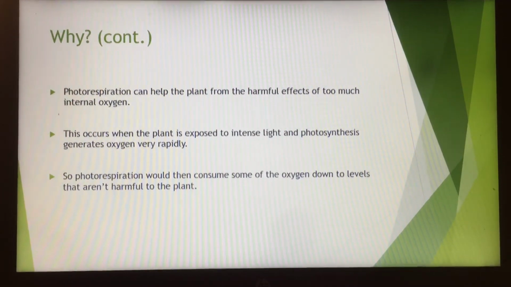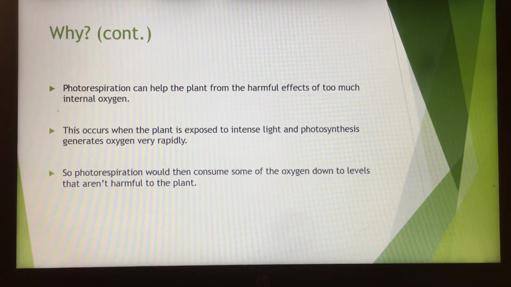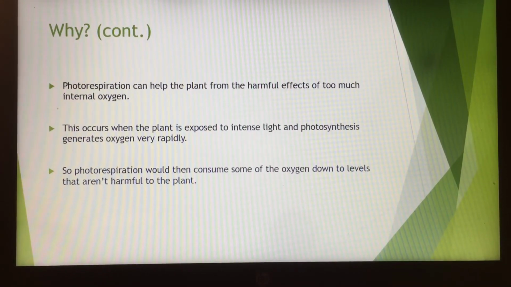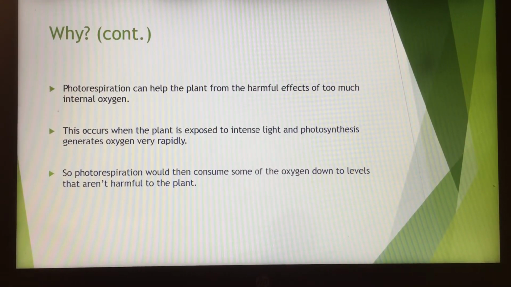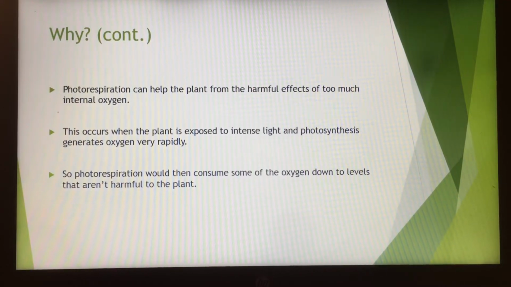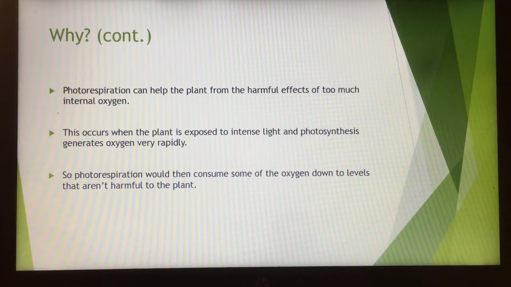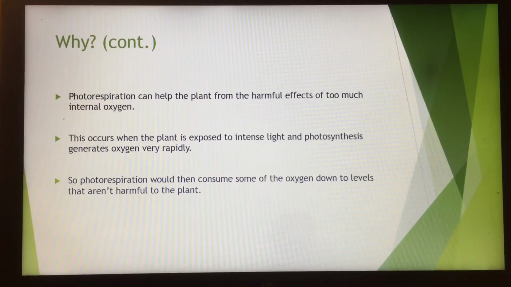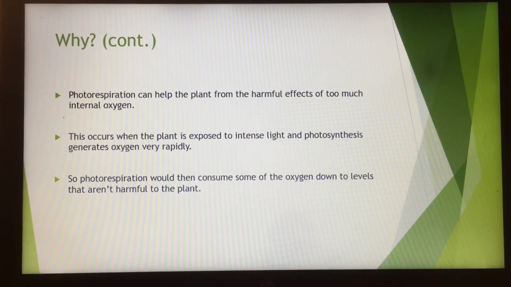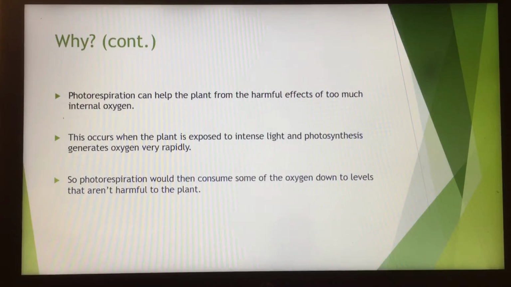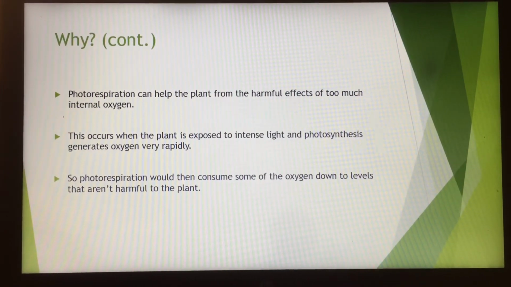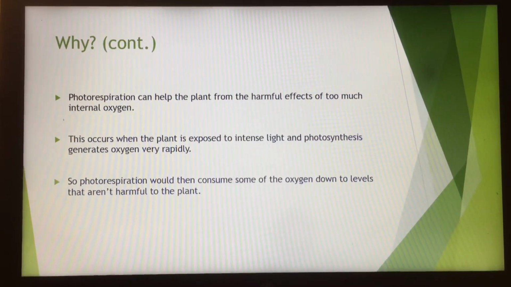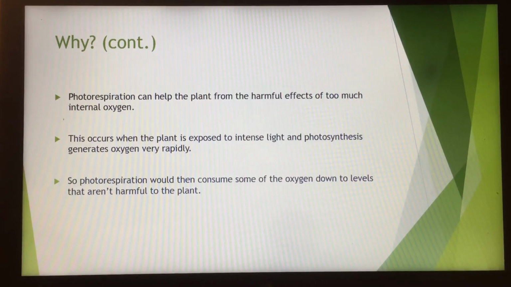And this one makes more sense because, for instance, in too much heat when the plants close their stomata, less oxygen is being released through the leaf, so there's more oxygen being built up in the plant, and that's when photorespiration can help by consuming that and producing carbon dioxide.